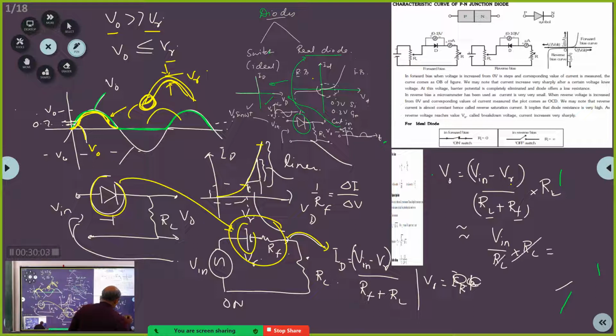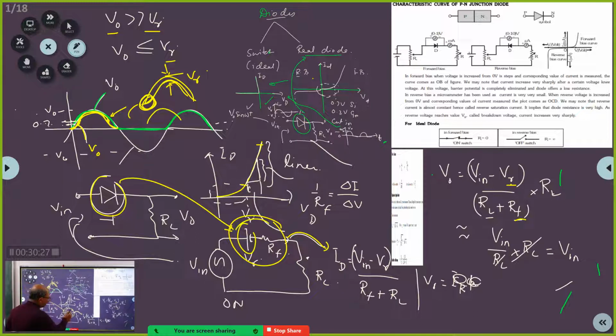So this is cancelled, and V out will be equal to V in. That is precisely what we did yesterday. When this is insignificant compared to this, and this is insignificant compared to this, which is precisely what happens in an ideal diode, then V out is equal to V in. So input will be equal to output. Got it?